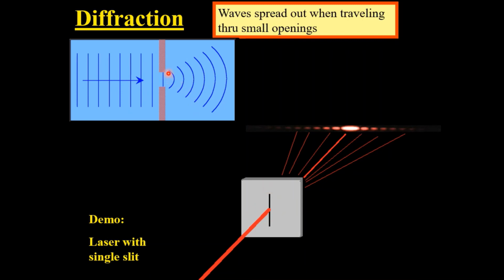And what we're seeing here is this property called diffraction. So this pattern shown back here is an actual photograph of what a laser looks like when it's shined through a vertical slit. We end up with a horizontal spreading of the laser light. And notice there are little light and dark spots. This is called interference, which we're going to talk about next.